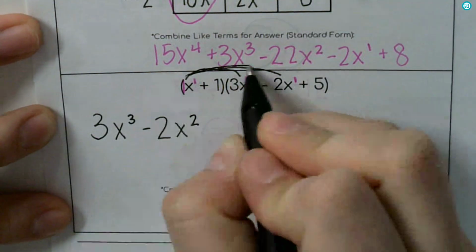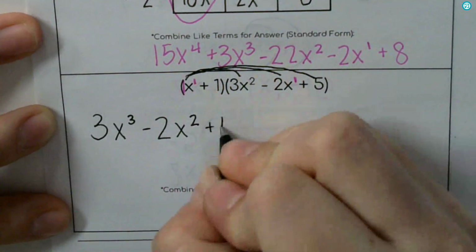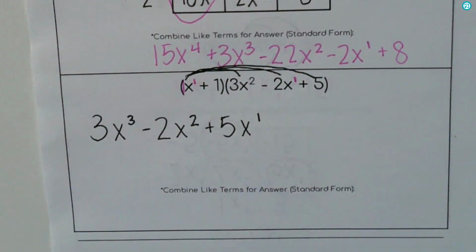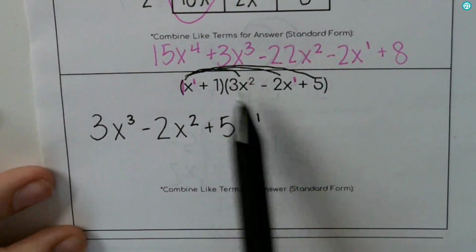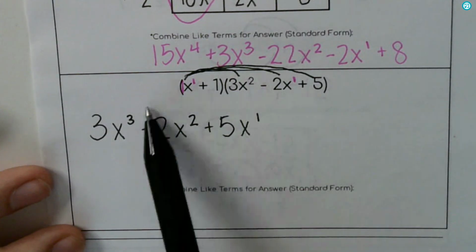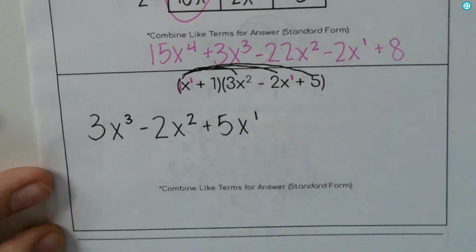One x to the first times 5. 1 times 5 is 5. And I still have my x to the first. So right now, all I've done is multiply that trinomial, the second set of parentheses, by x to the first. So all of my numbers have stayed the same, 3, negative 2, 5, 3, negative 2, 5. And my exponents have all just gone up by 1. So 2 became 3, 1 became 2, none became 1.